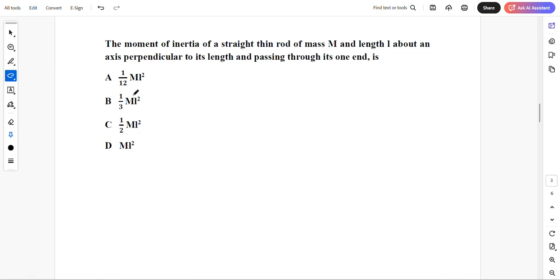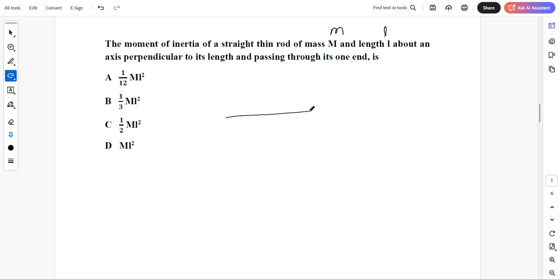What it is saying, the moment of inertia of a straight thin rod of mass m and length L, about an axis perpendicular to its length and passing through its one end.